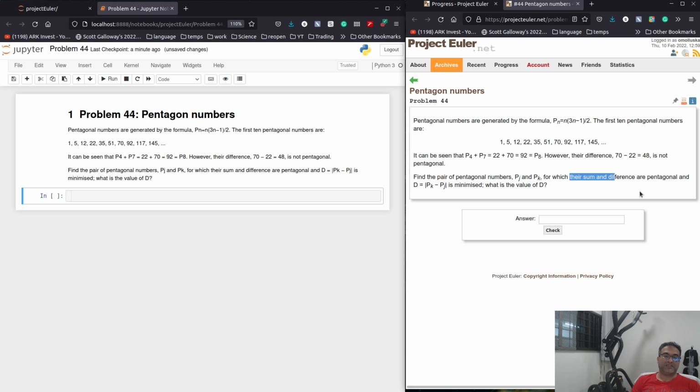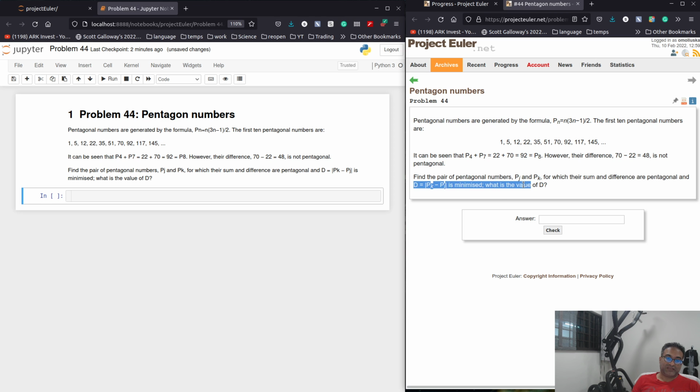So we have to find j and k for which the sum and difference are pentagonal. We have two equations and two unknowns. The two unknowns are j and k, and the equations say that the sum and difference of Pj and Pk are pentagonal, and the difference is minimized.